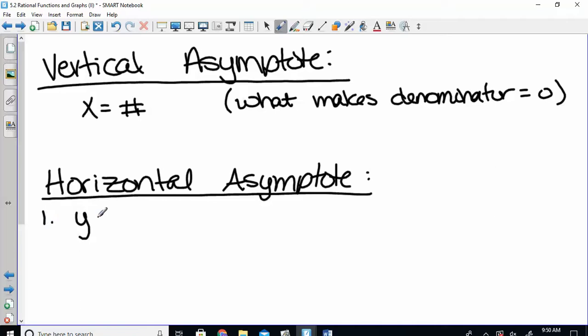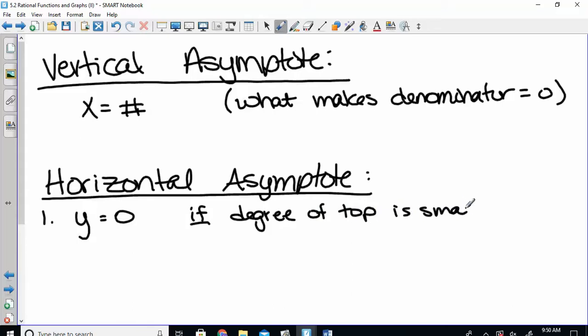So the first case, it'll be y equals 0 if the degree of the top, or the numerator, is smaller than the degree of the denominator.